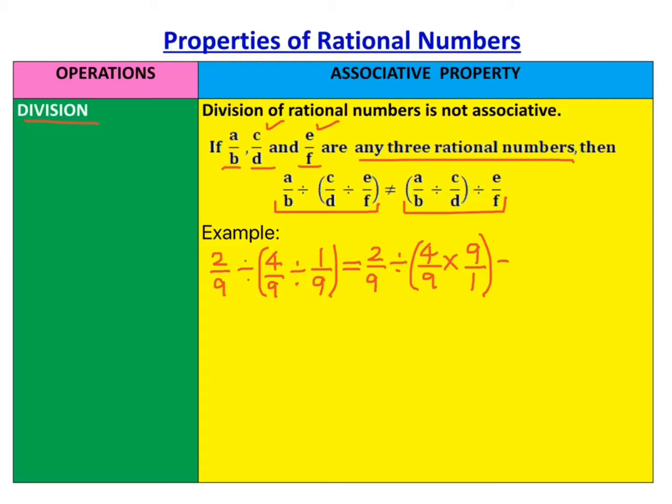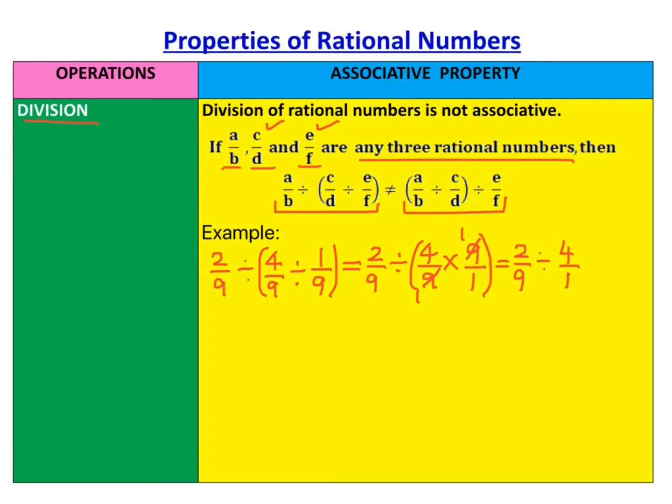This expression is equal to 2 by 9 divided by, now inside the bracket we have 9 as the common factor. Let's cancel it. 9 times 1 is 9, 9 times 1 is 9. Now we get inside the bracket 4 times 1 is 4 by 1 times 1 is 1.